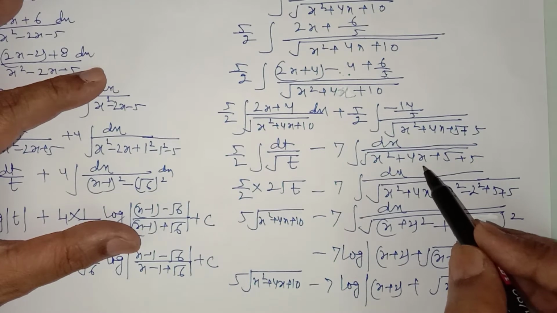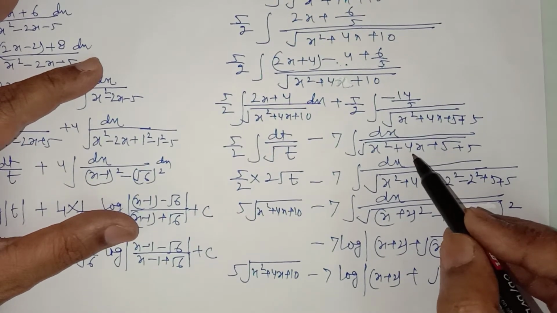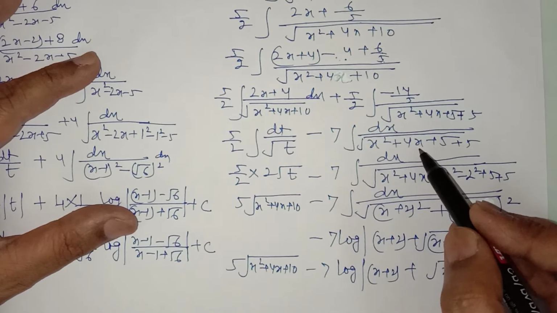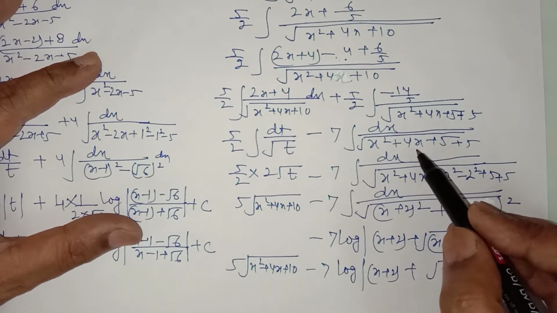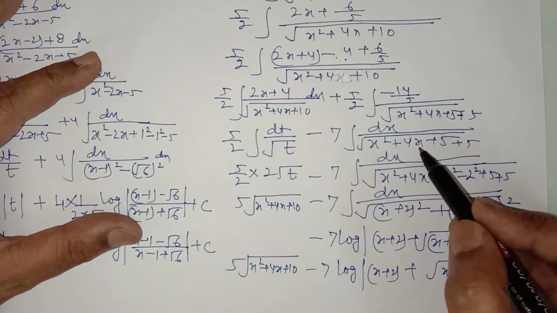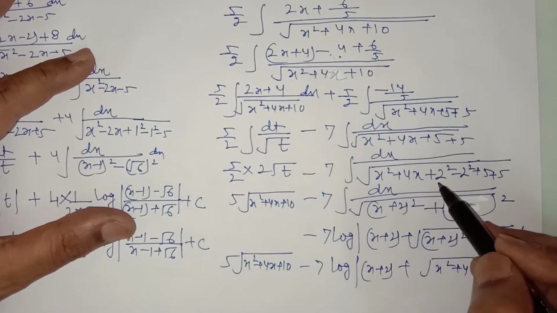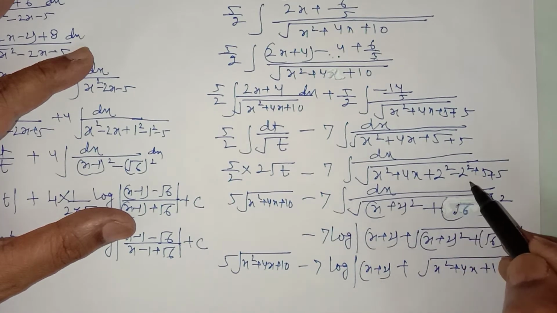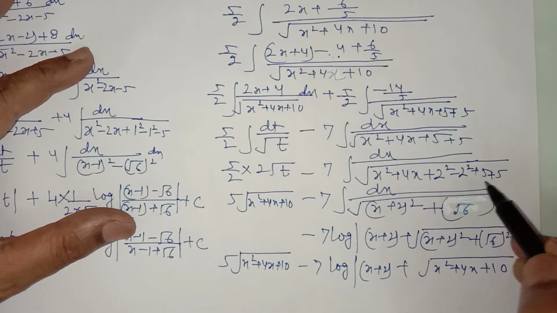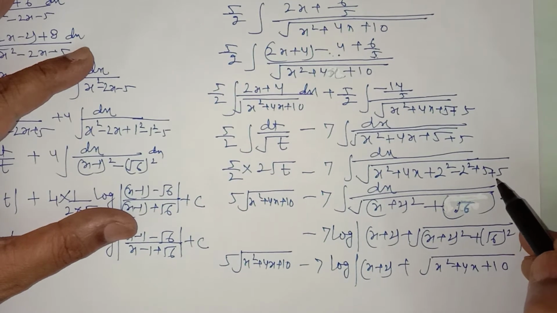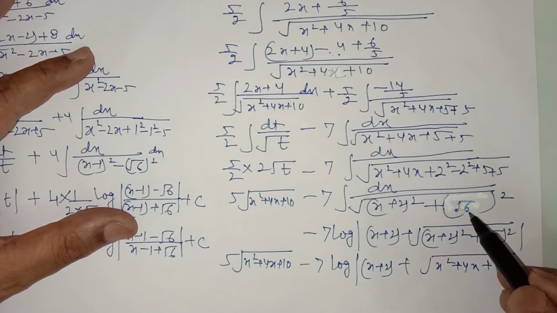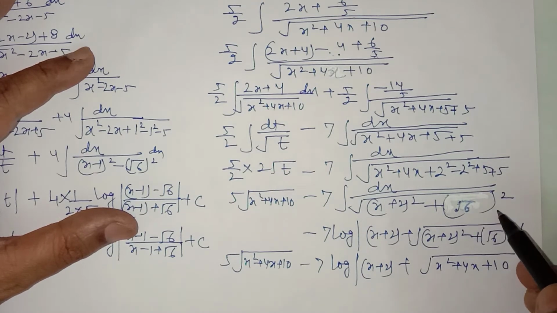You know how to make a perfect square, adding and subtracting the square of half of the coefficient of x. I am telling this many times in the last 5 to 6 questions. Half of the coefficient of x is 2, so adding and subtracting the square of 2, this comes out to be (x plus 2) whole square, and this is minus 4 plus 10, it is 6, that is root 6 whole square.